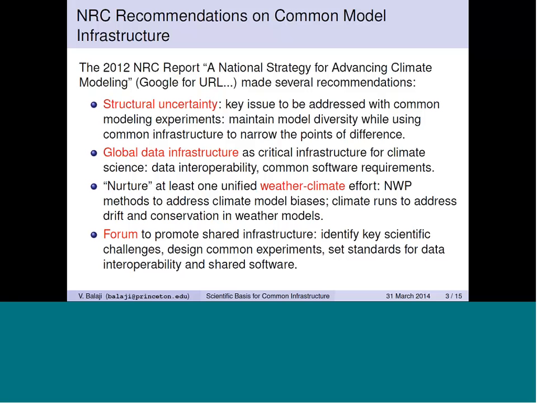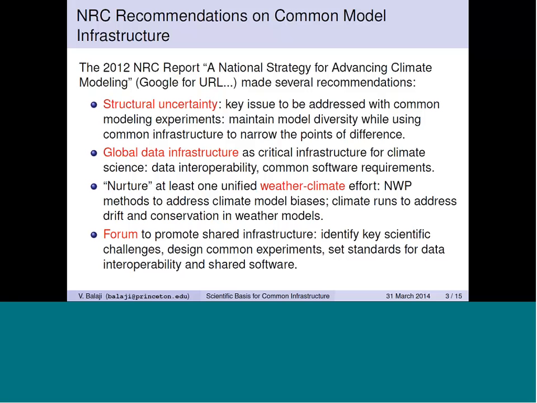And that will teach you something about both the phenomenon and about the models. So they did recommend that you can maintain modeling diversity, but there are some parts of the climate system where there is perhaps less structural uncertainty, and there's more consensus, and there maybe you can use common infrastructure to narrow the points of difference.